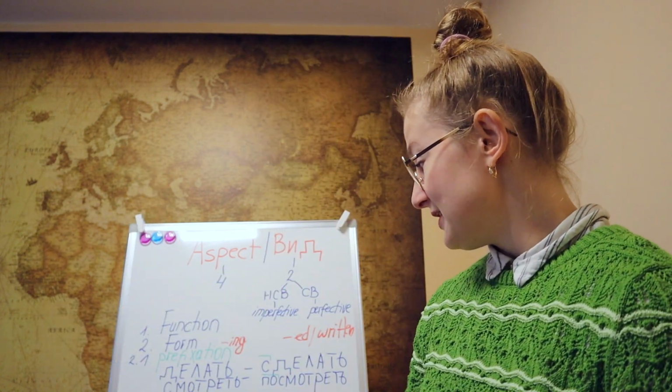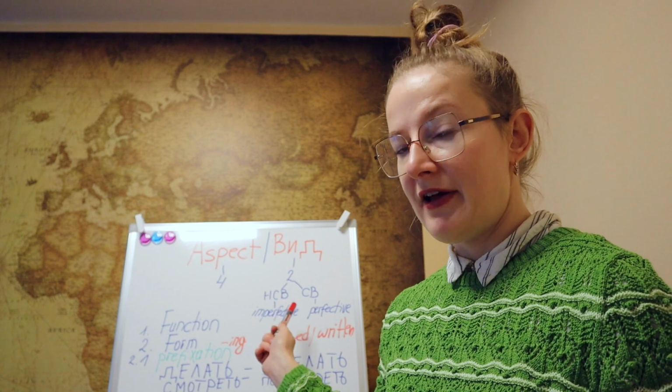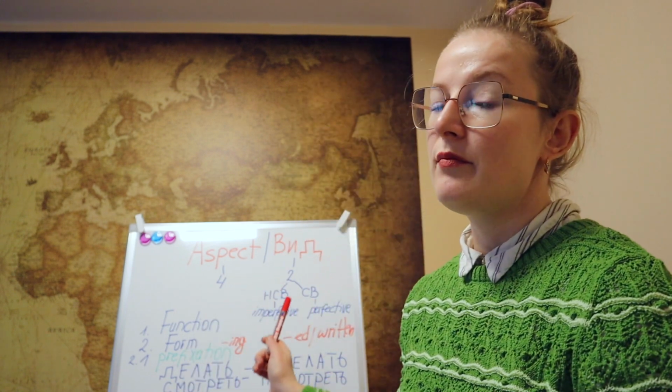Have you taken a marker? Okay, so брать, взять, they've got nothing in common etymologically, if you don't know that they denote pretty much the same thing. But брать is несовершенный вид, imperfective, and взять is совершенный вид, perfective, right? Then you are pretty much lost.